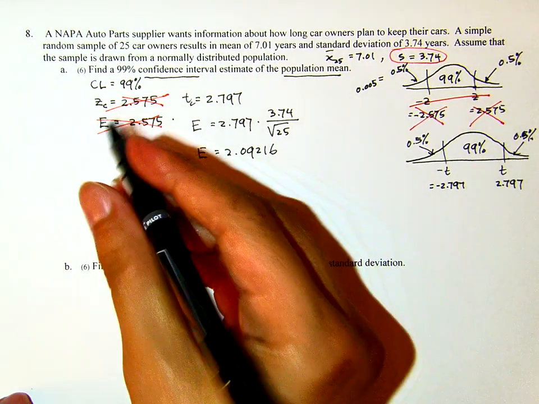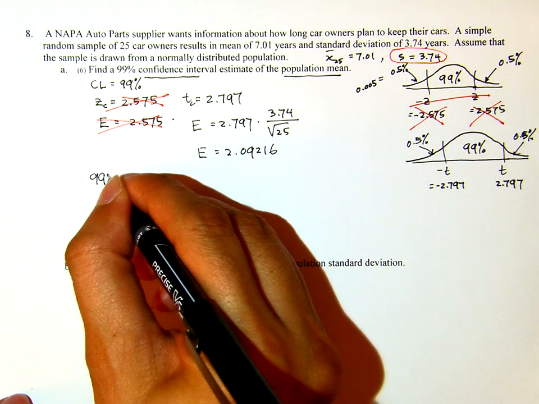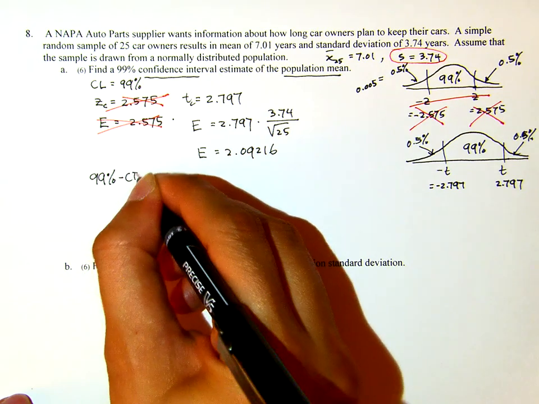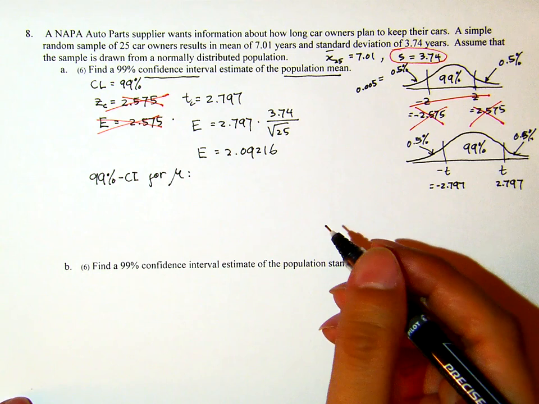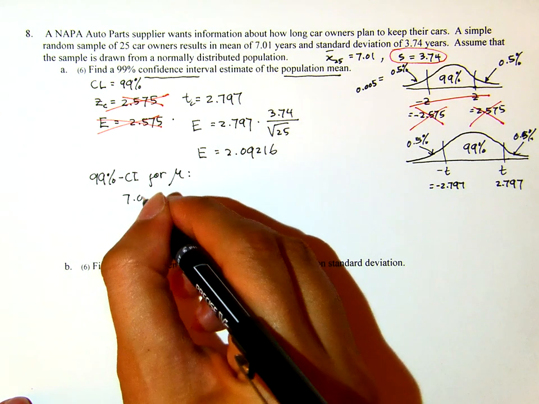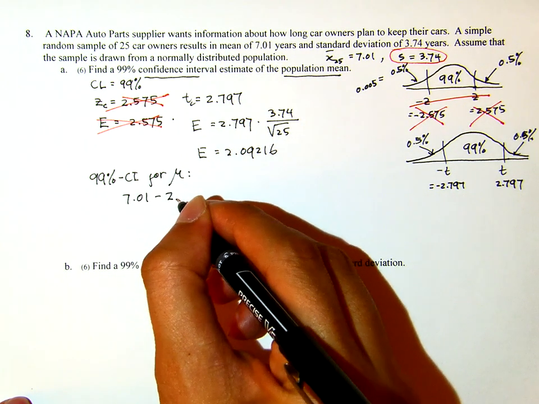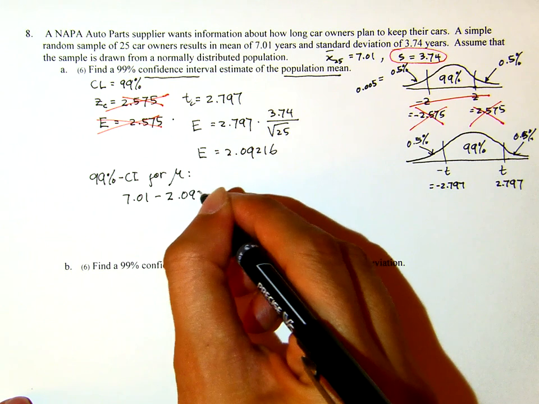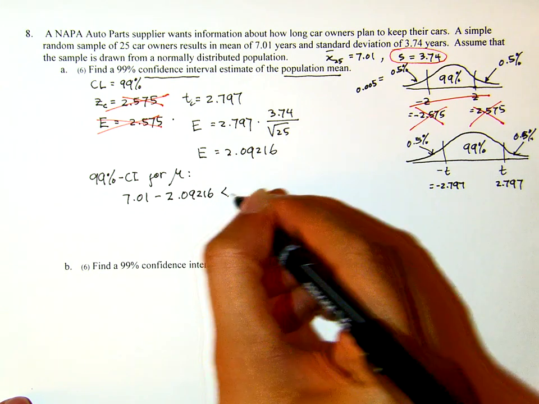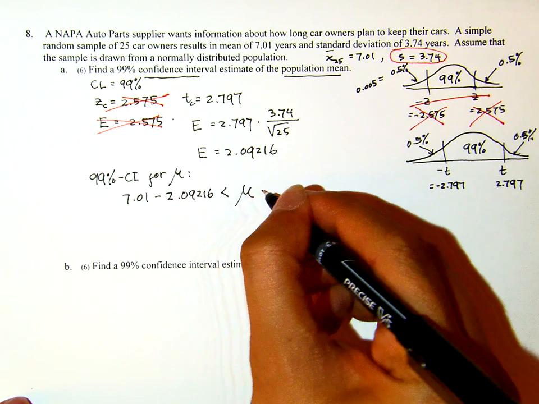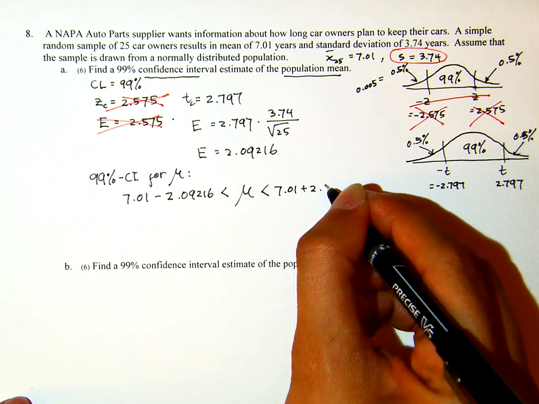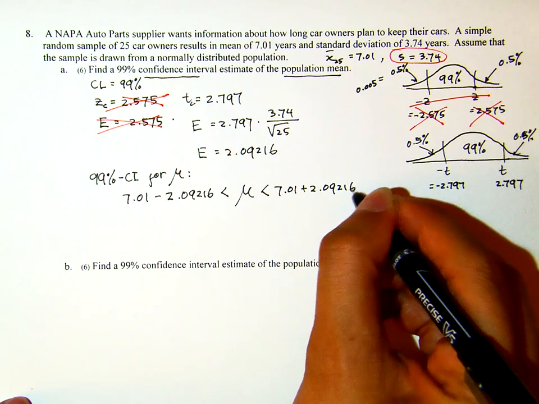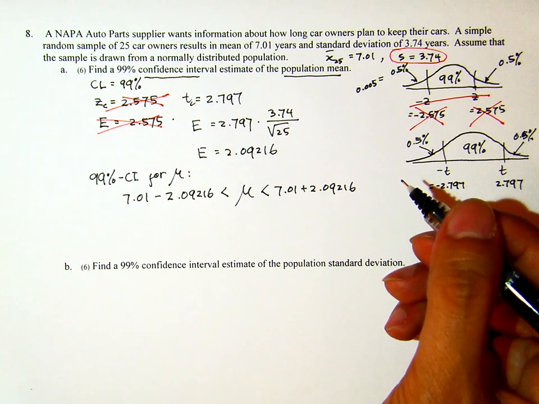Now therefore the 99% confidence interval for mu is given by 7.01 minus that margin of error less than mu, or you can use equal to, that's also okay, less than 7.01 plus 2.09216.